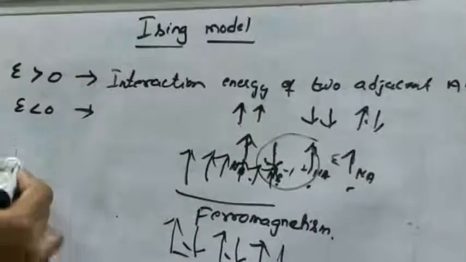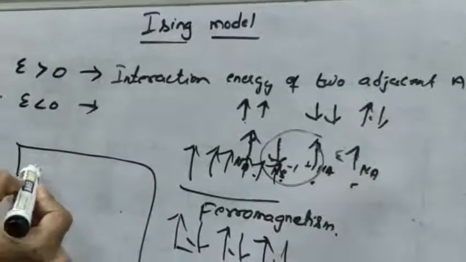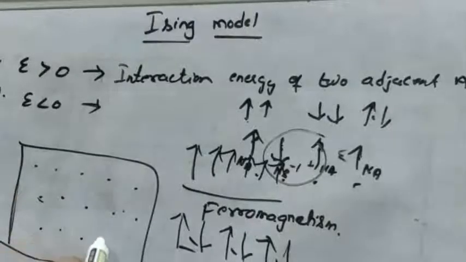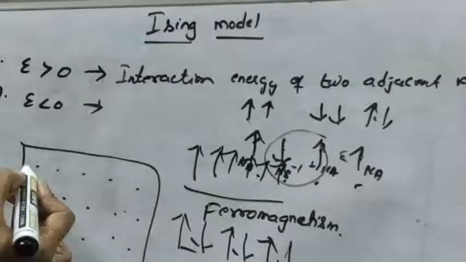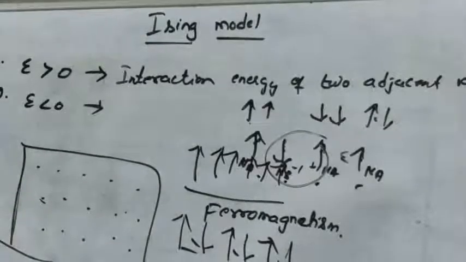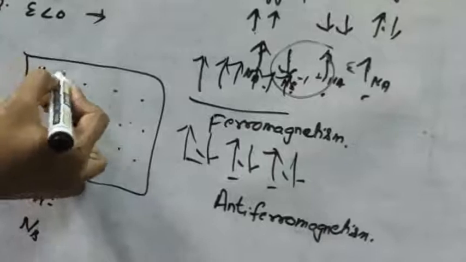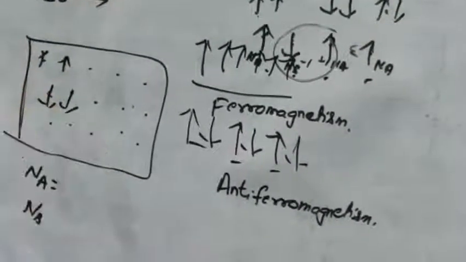We considered a substance in which the molecules are arranged in the form of a lattice, with parameters Na and Nb. Na represents the count of molecules with up spin, and Nb represents the count of molecules with down spin.